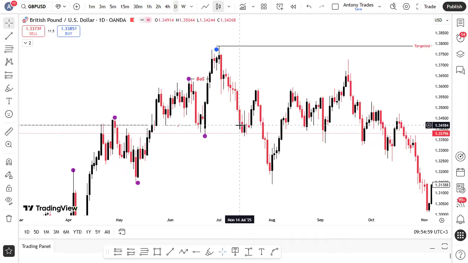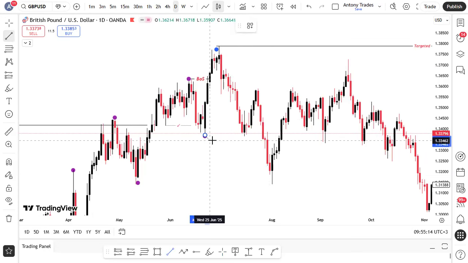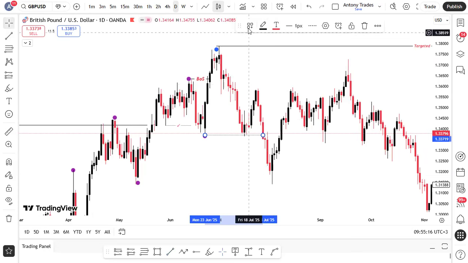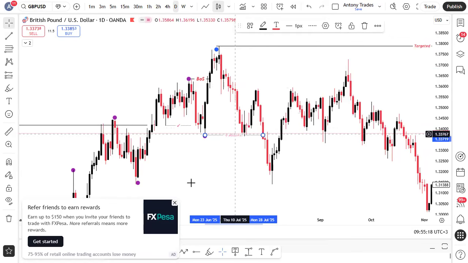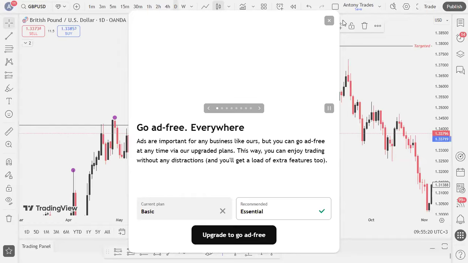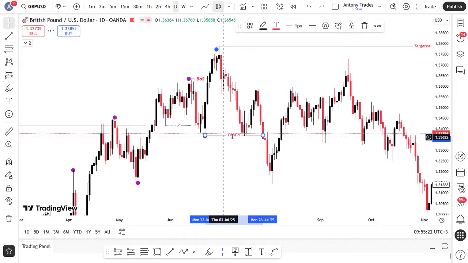You can see the bears tried to break this low for the first time, but they failed. So the market had to go back, gain some more momentum, then came down and broke this low. And that means now we have a change of character. Very nice, guys, we have a very good change of character at this area.